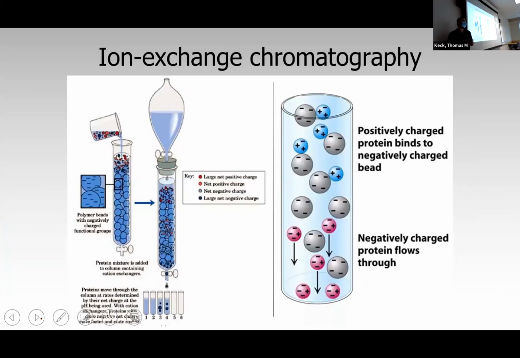Ion exchange chromatography is going to take advantage of the fact that some of your proteins are positively charged and some of them are negatively charged, and that the environment can shift that. If things are positively charged, they're more likely to stick to things that are negatively charged, and vice versa. So if you want to purify a protein that you think is positively charged, maybe because it has lots of lysines, then you could use negatively charged beads in your solid phase.